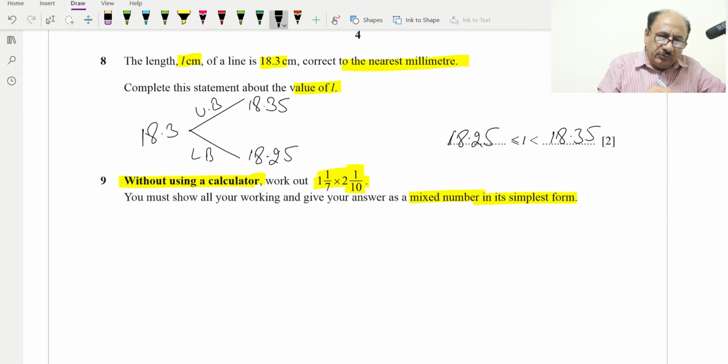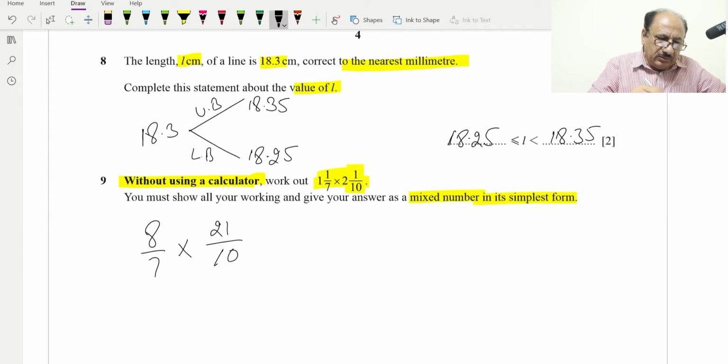So what we will do, we can change this into an improper fraction. So 7 1 whole 1 by 7, we know this will be multiplied, then this will be added. So 7 ones are 7 plus 1 will be 8 over 7. So 8 over 7 we can write for the first one, and for the second one we can write 10 twos are 20, 20 plus 1 will be 21, so 21 over 10.